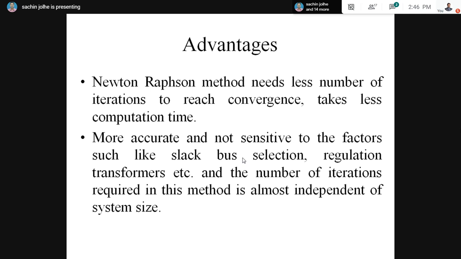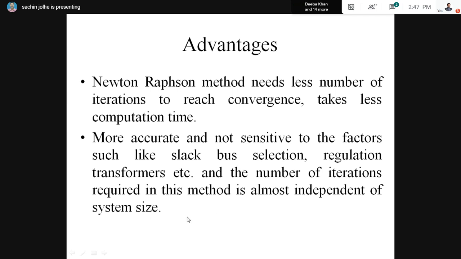If you want to solve only a 2 by 2 matrix, it is very easy. But if you want to solve a 10 by 10 matrix or more, because the buses are going to increase, then the matrix size is going to increase, and that is going to hamper everything. But not in this case, this is independent of the size, whether small or big.